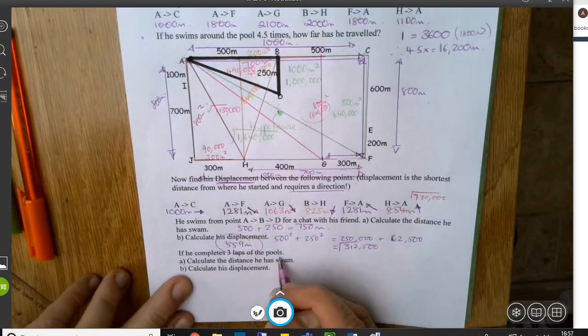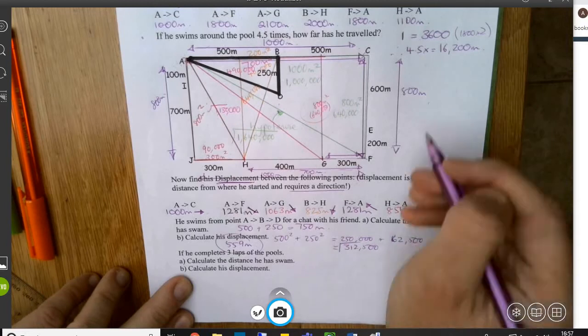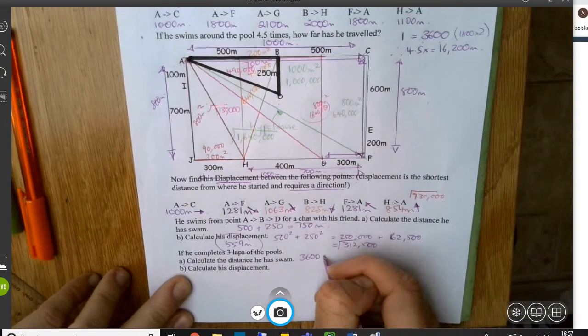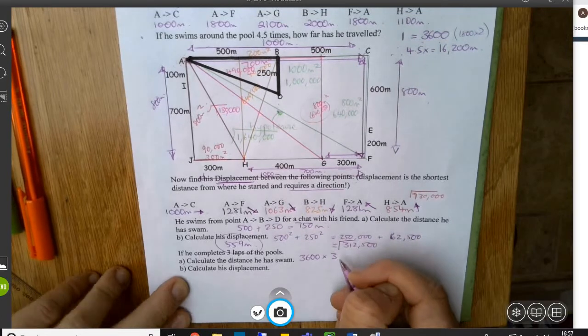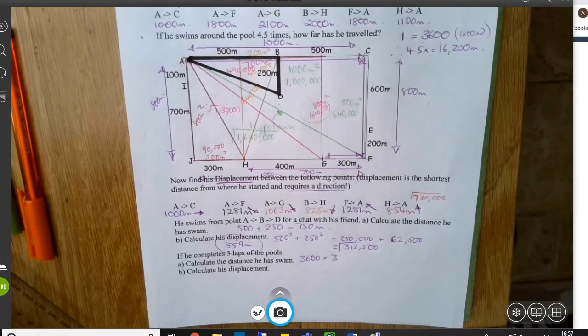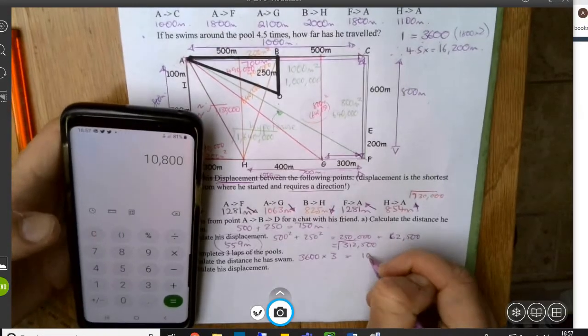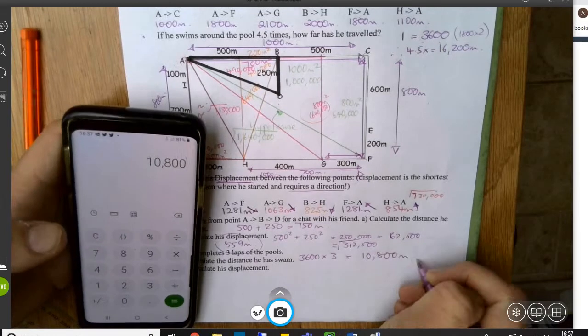Okay. If he completes 3 laps of the pool, calculate the distance he has swum, calculate his displacement. We know that 1 lap is 3,600, so times it by 3 equals 10,800 meters.